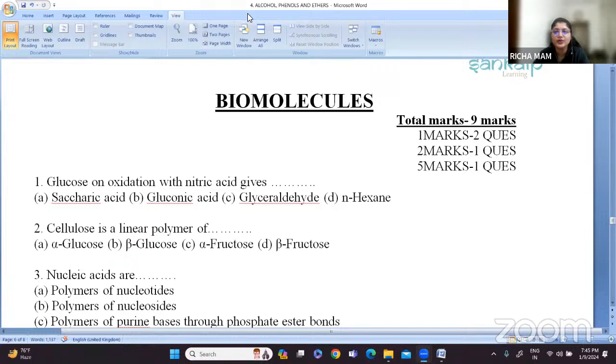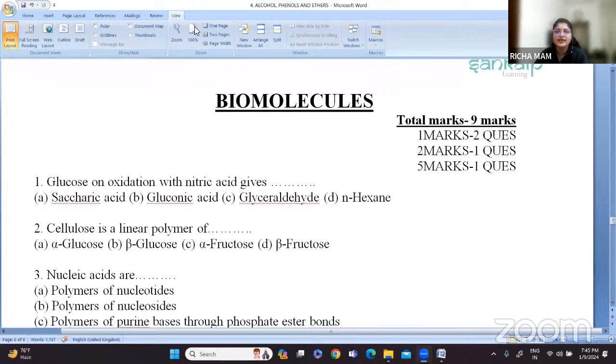Nobody knows the answer? Glucose. Is glucose an aldohexose or ketohexose? Glucose is an example of aldohexose.